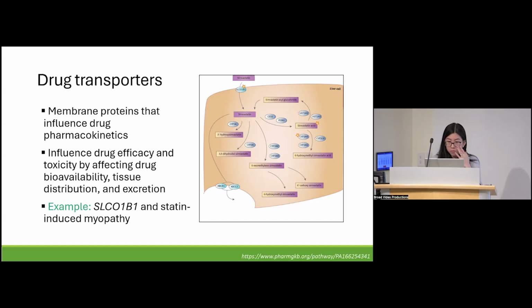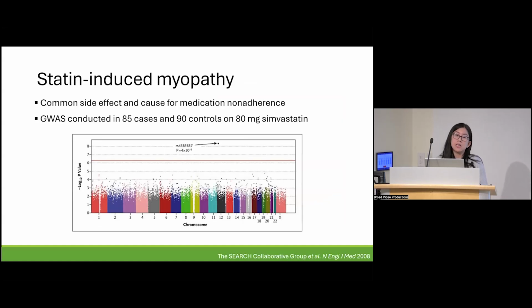And so to investigate statin-induced myopathy, a genome-wide association study was conducted in 85 cases and 90 controls who all had been on 80 milligrams of simvastatin. The cases had statin-induced myopathy, the controls did not. And what they found was a variant that reached genome-wide significance for association with the development of myopathy.